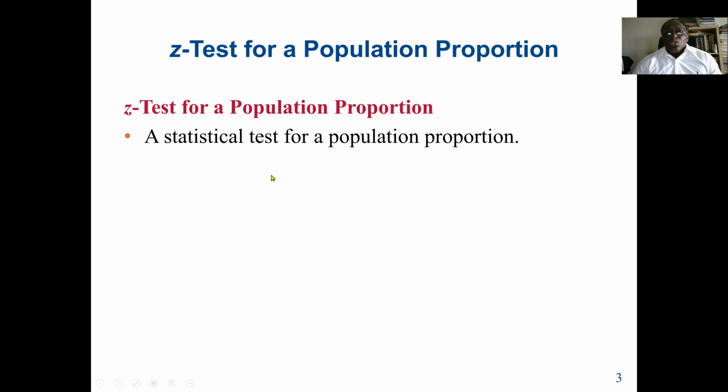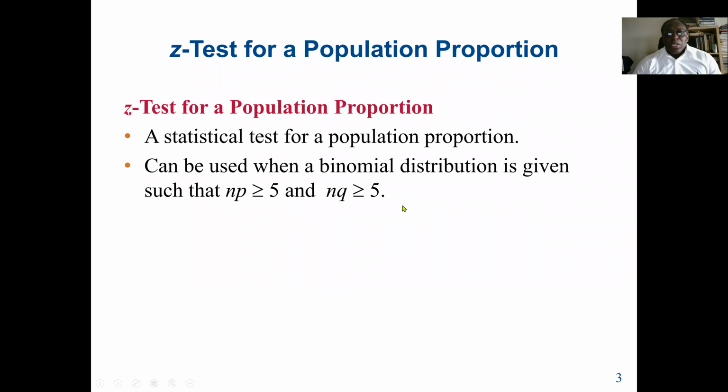Now, in order to use the z-test to test population proportion, there's one condition that we have to meet, and that is np should be greater than or equal to 5, and also nq should be greater than or equal to 5. Again, the lowercase n stands for the sample size, lowercase p stands for the probability of success, and q stands for the probability of failure.